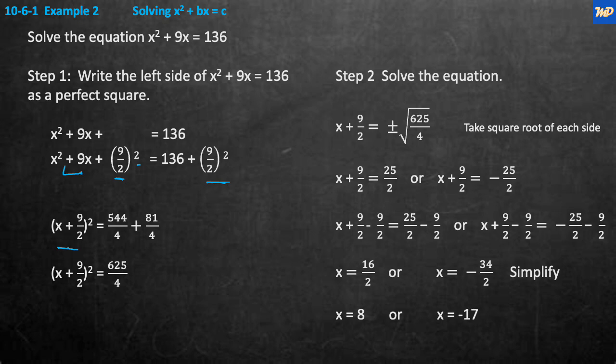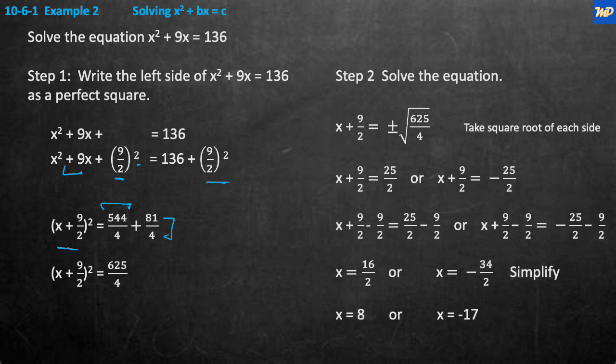And the way we got 544 fourths is we had to get a common denominator. Well, after you square this term here, our 9 halves squared, you're going to get 81 fourths. Well, now you need a common denominator, so you're going to multiply both the top and the bottom by 4.